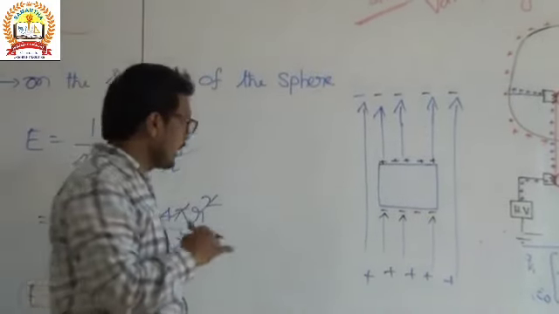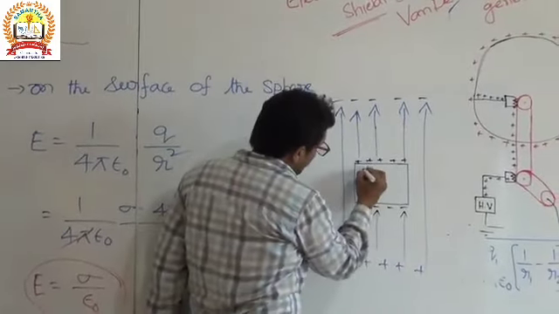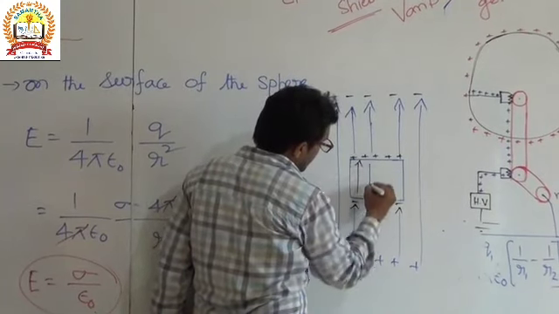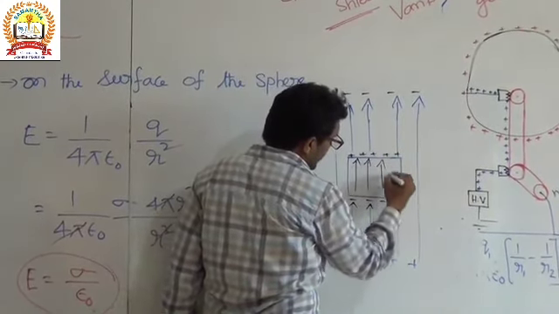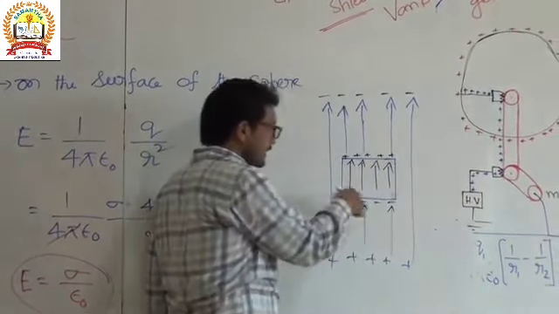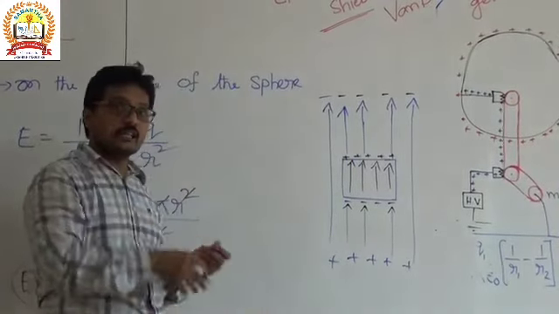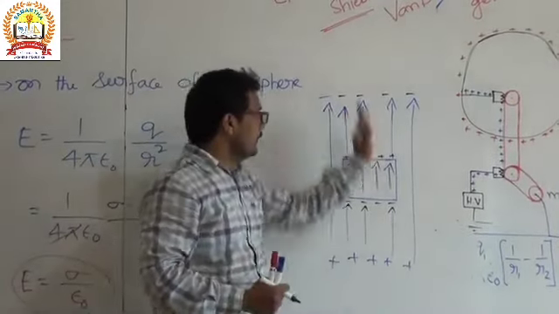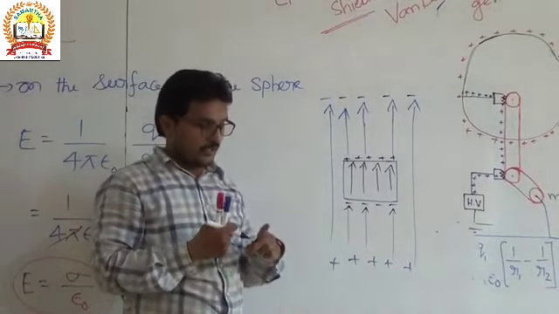That is one way. Or we know the electric field direction, this is the original electric field direction, not inside the metal cage. The original electric field direction is moving from positive to negative.